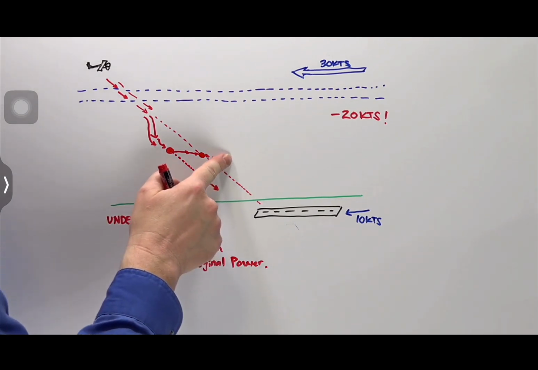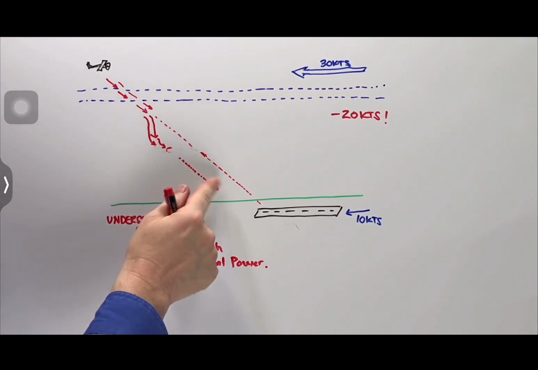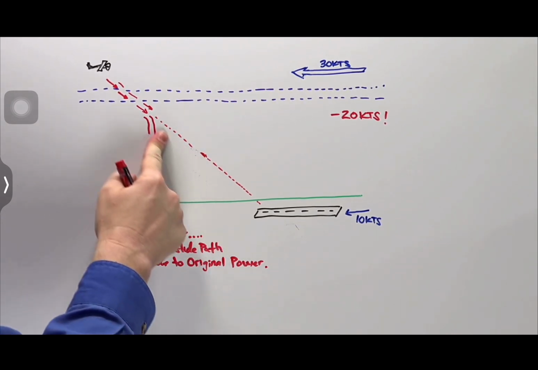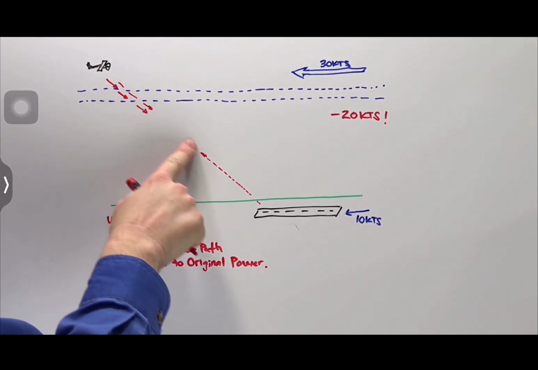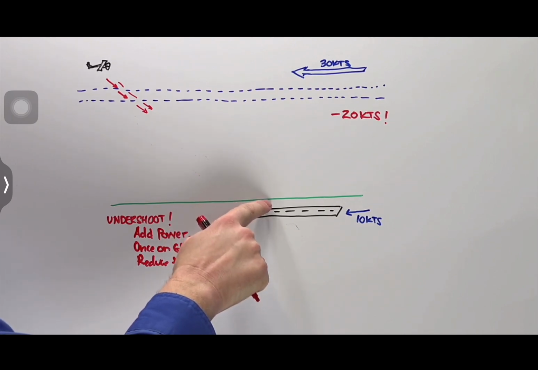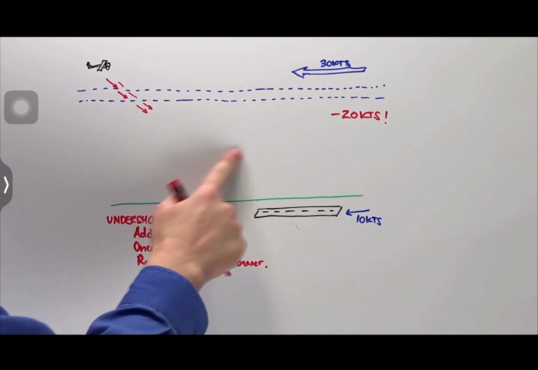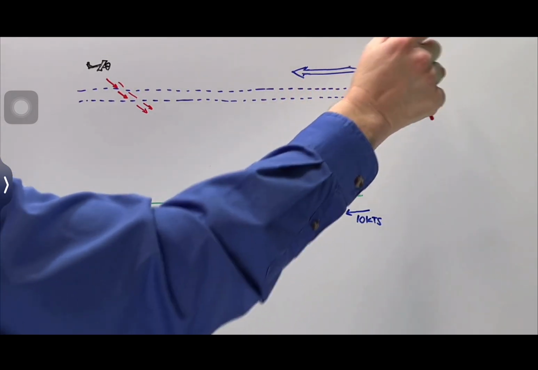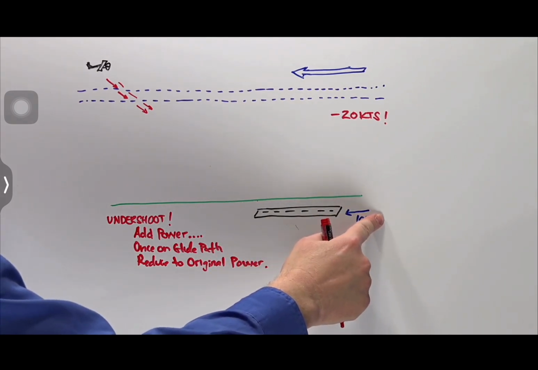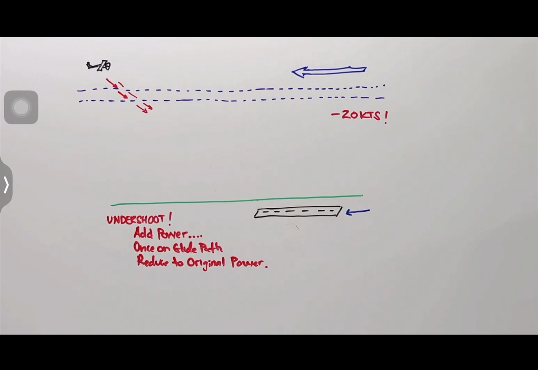Let's erase all of this because we are next going to think about a situation where the opposite happens. So we'll just erase that. Now in this case, this 30-knot wind, guess what? It's reversed. I know the arrow on top is bigger, but please ignore that.